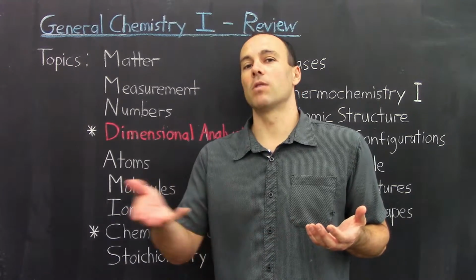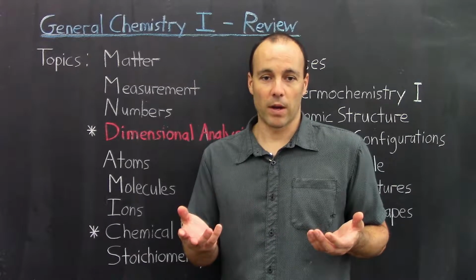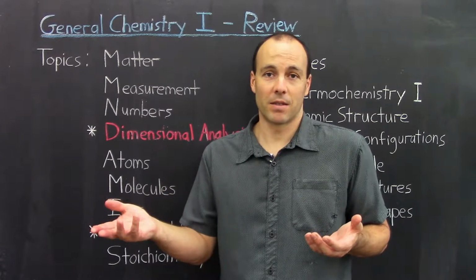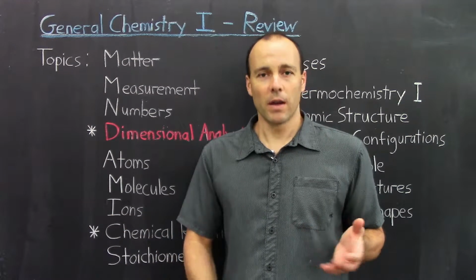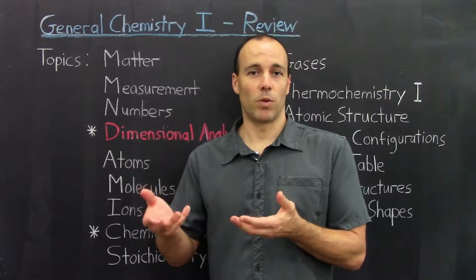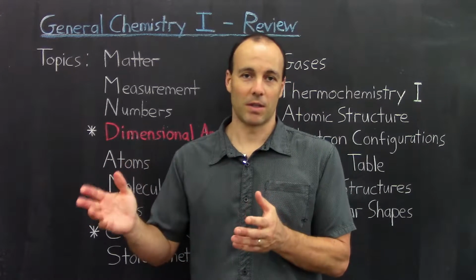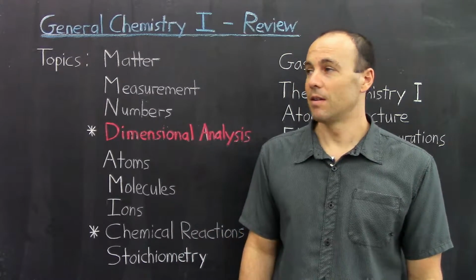Or is it a mixture of substances like salt water, sugar water, brass? Does it have a mixture of substances in there? Another way to classify matter is by whether it's a solid, liquid, or gas. We talked a little bit about what the differences between solids, liquids, and gases are.